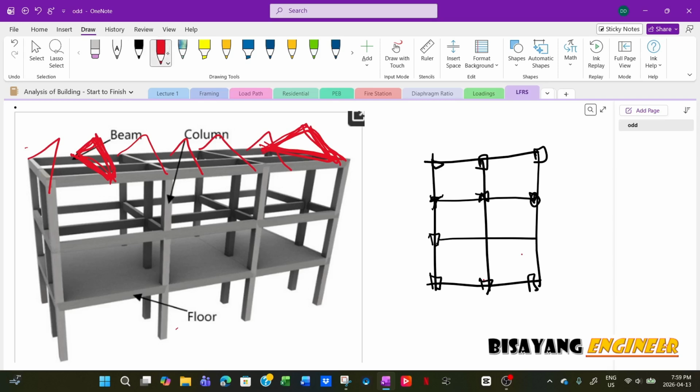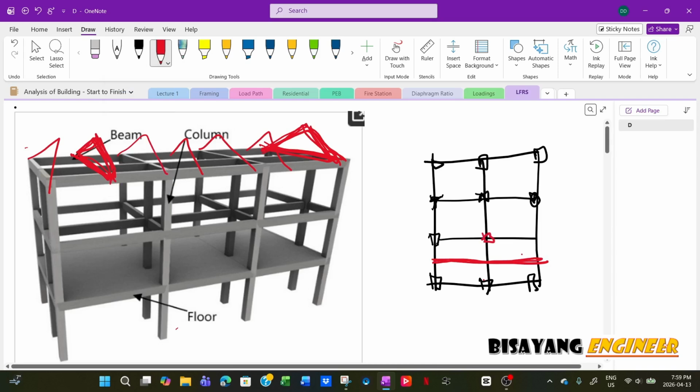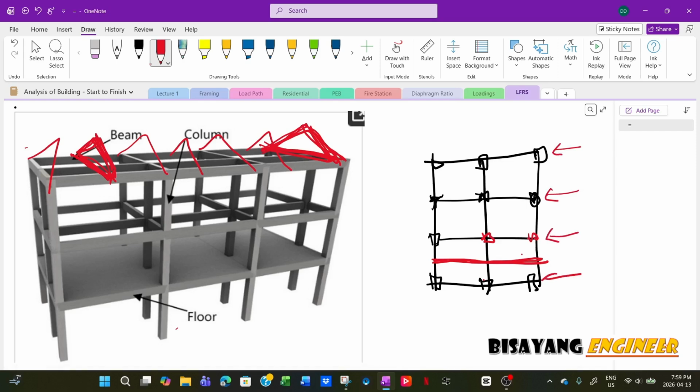Now, if you position one of the trusses in the middle, then you apply the load at mid-span, not only at the column locations, because I've seen models with only concentrated loads at the beam-column junction.